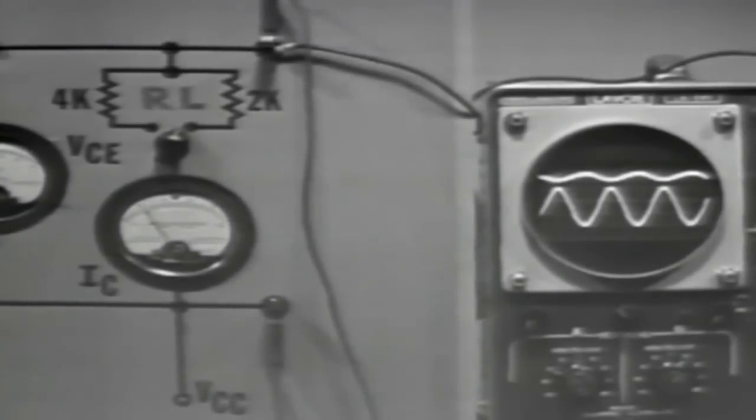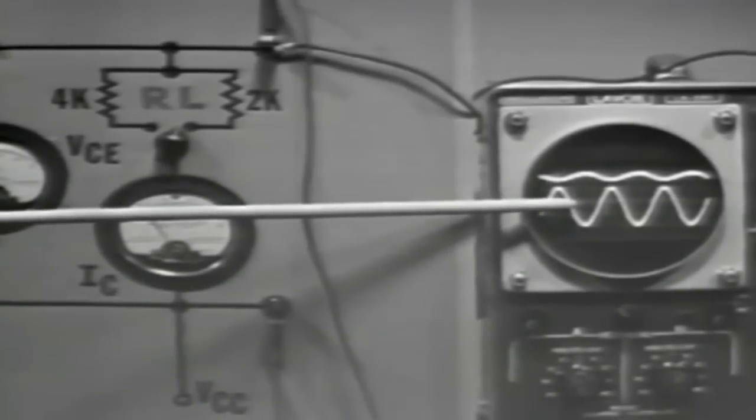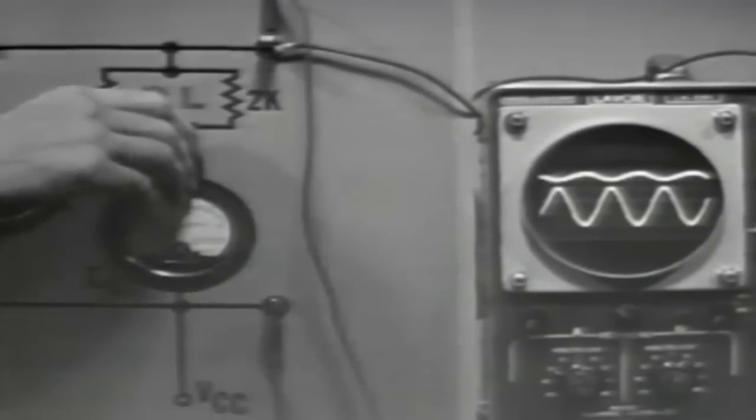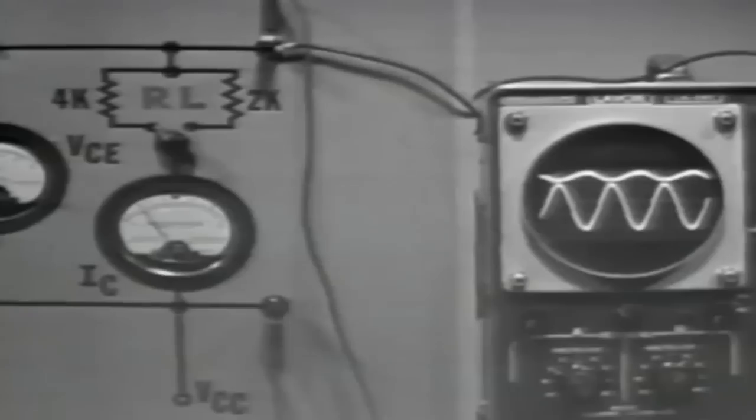Okay, that's what it should do. Will a trainer support this theory? Let's see. Changing the collector load from 2K ohm to 4K ohm should cause the output voltage wave shape here on the lower trace to increase. As the resistor is changed from 2K to 4K, the output does increase.